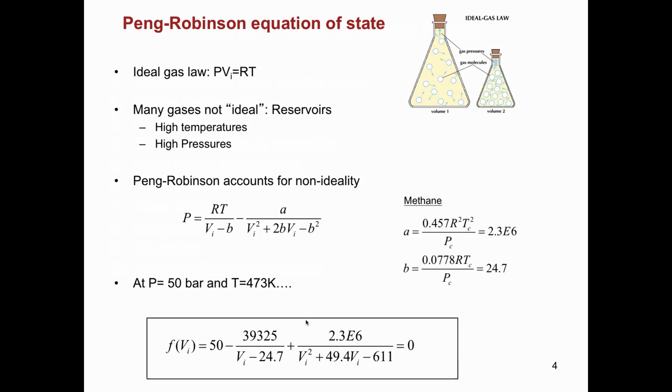Here's one very common problem in petroleum engineering, and that is figuring out what fluids are doing at high pressure and high temperature. To give you some idea of how high a pressure or temperature, let me ask you a question.